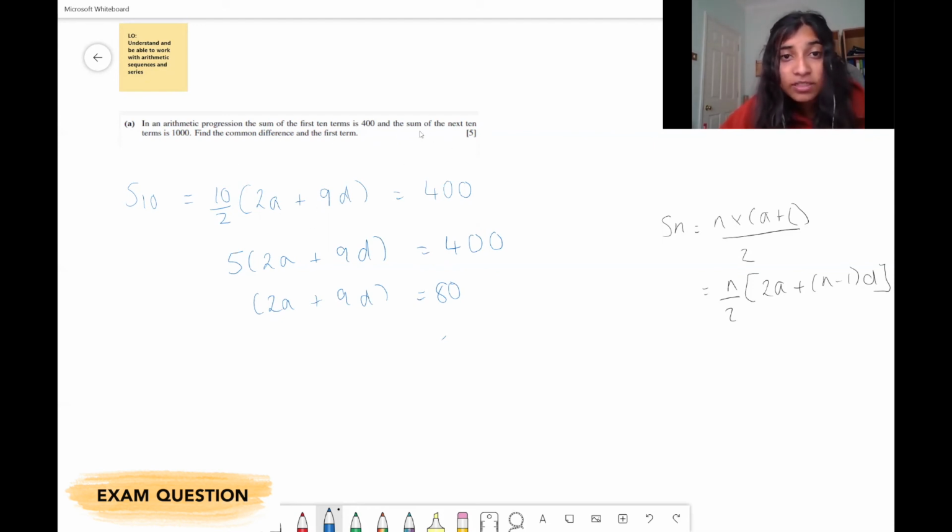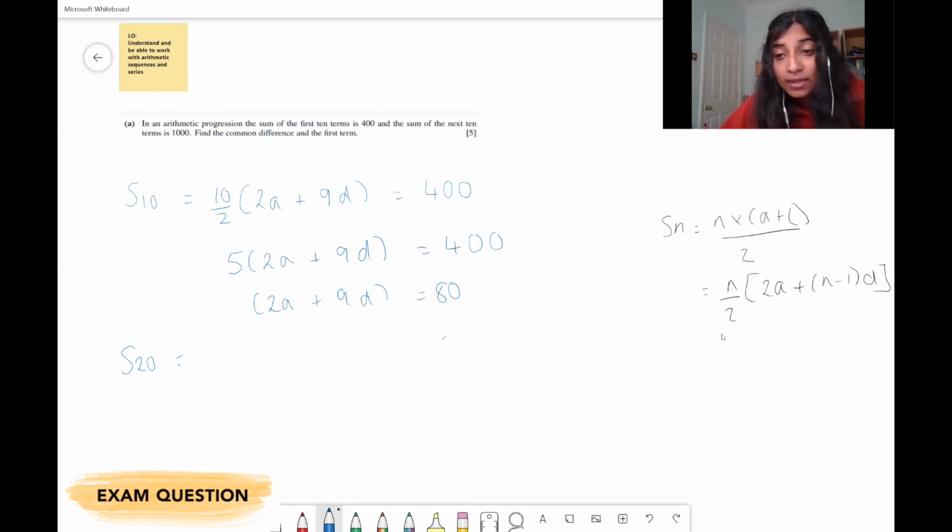And then it's saying the sum of the next 10 terms is 1000. So if the sum of the first 10 terms is 400, and the sum of the next 10 terms is 1000, that's 20 terms in total, and the sum of all 20 terms is 400 plus 1000, so S20 is 1400.